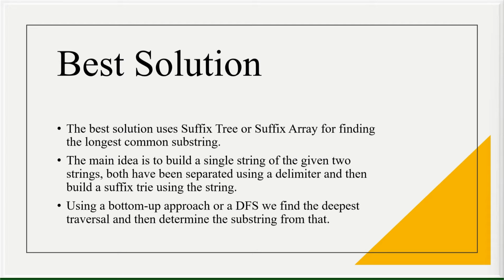The idea behind this solution is to build a suffix tree, or maybe a suffix array from that suffix tree, and then use a bottom-up approach or depth first traversal method to determine the substring from that. Going forward, we are going to explore this solution in more depth.